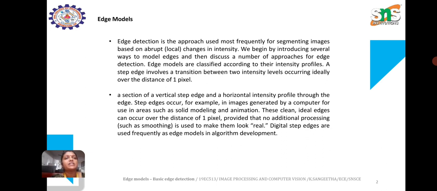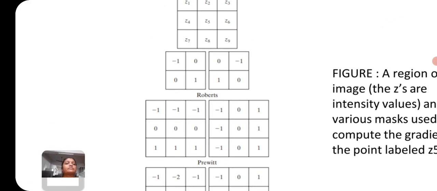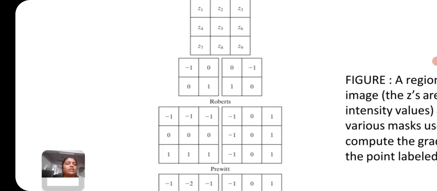The mask for line detection H, that is horizontal line detection: in the first row all the values are -1, in the second row all the values are 2, and in the third row all the values are -1. For vertical line detection, in the first column all the values are -1, in the second column all the values are 2, and in the third column all the values are -1.